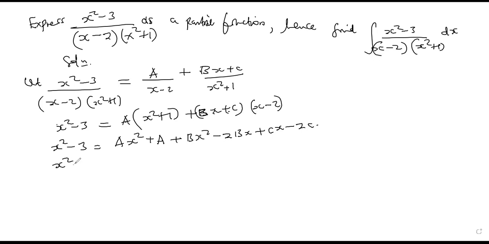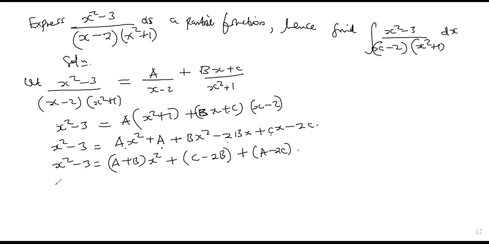Then you factorize out according to the powers. The ones of x squared is a plus b, so you have a plus b into x squared. Then plus those ones with an x only, it is c minus 2b. Then the ones with the constants only, it is a minus 2c.